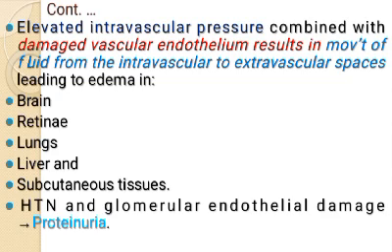Hypertension and glomerular endothelial damage: that is proteinuria. Cerebral edema, vasoconstriction, and capillary endothelial damage lead to hyperreflexia, clonus, convulsion, or hemorrhage.